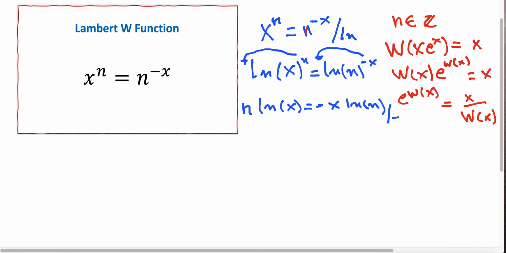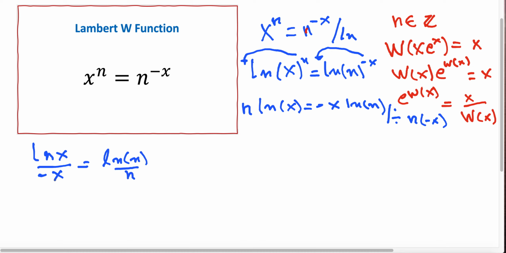And now I am going to divide both sides by n and minus x. So I want to put the x's on one side and the numerical values of n on the other side. If we divide both sides by n and minus x, we get ln x divided by minus x is equal to ln of n divided by n.